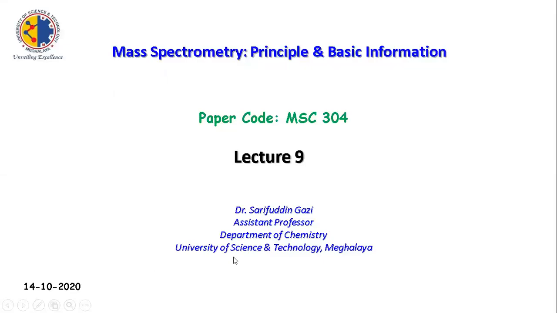This is the second class regarding mass spectrometry. In the last class, if I just quickly go through what we discussed, we tried to define and explain what mass spectrometry is and what information you can extract from this spectrometric tool.